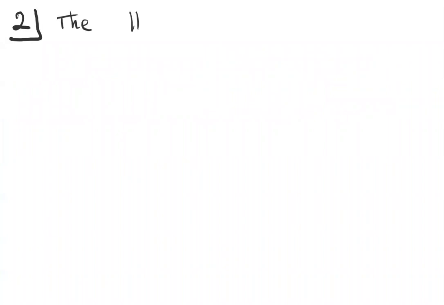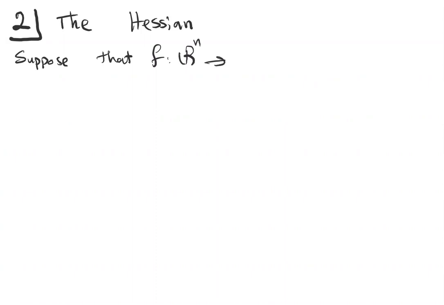Suppose that function f is from Rn to R. So again, the output is a real value, a scalar.